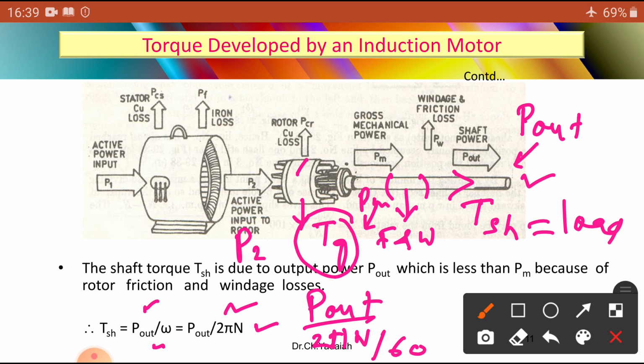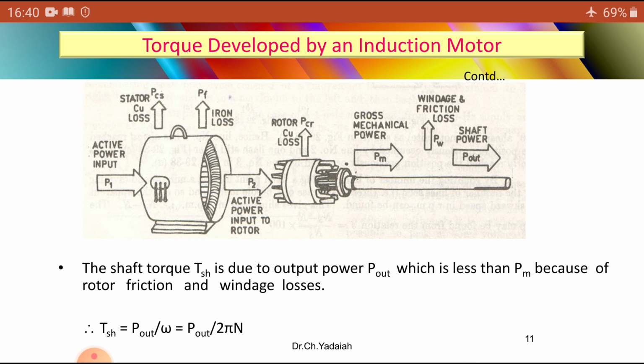Now this is the RPS, this is the RPM, so don't confuse. After that, the difference between the TG, that is the gross torque, and the shaft torque equals the torque loss due to friction and windage losses. So this minus this one.